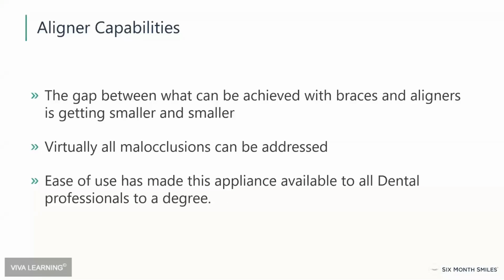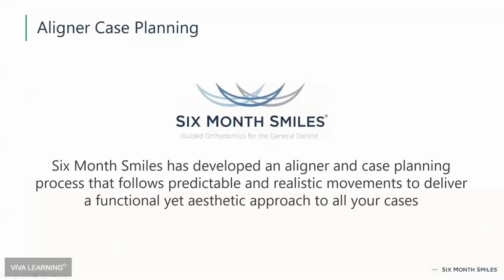This is due to the fact that aligners, as they mature and we do more and more cases and understand the mechanics that control the movements correctly, will become more and more efficient when virtually treating all malocclusions. Obviously, another advantage is that this appliance is available to all dental professionals, to a degree, of course, but it's not just limited to specialist orthodontics.